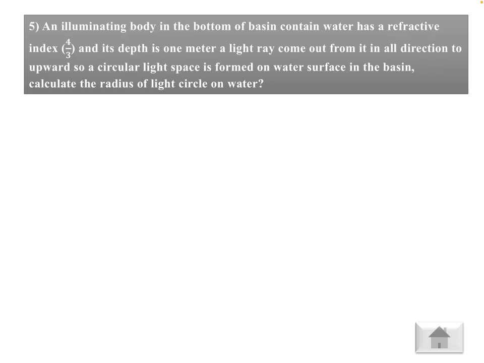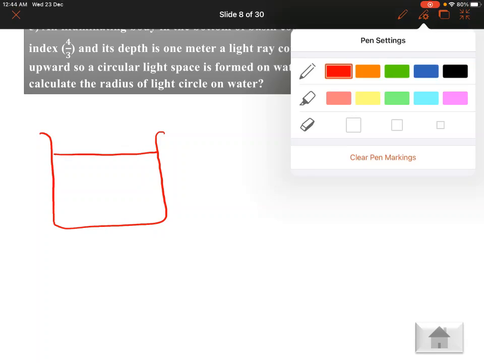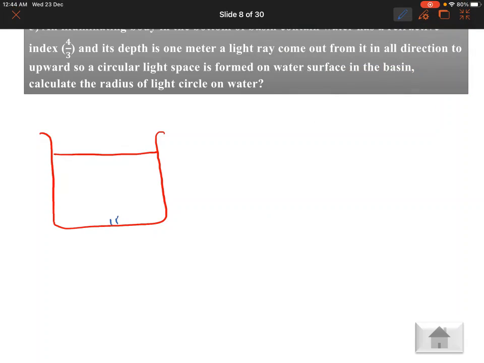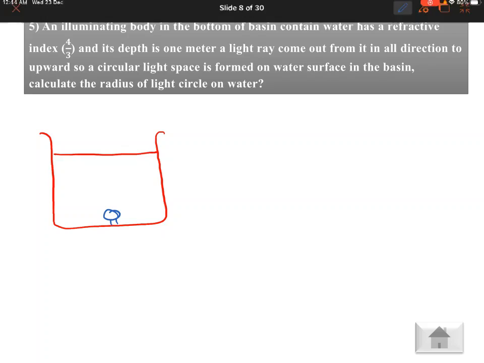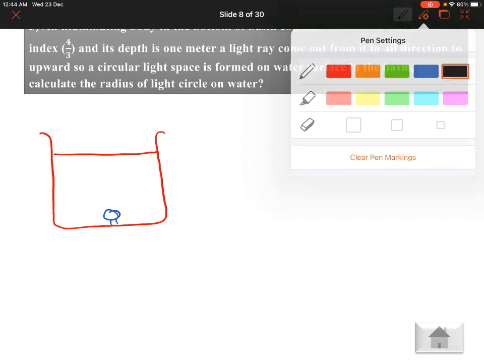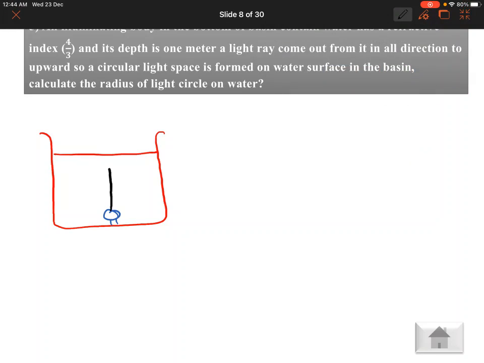To understand this, again, we'll draw the problem. This is the basin. Illuminating body at the bottom of the basin. This is the illuminating body at the bottom of the basin. After that, a light ray comes out this way.